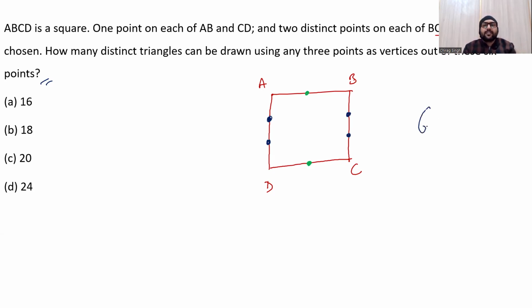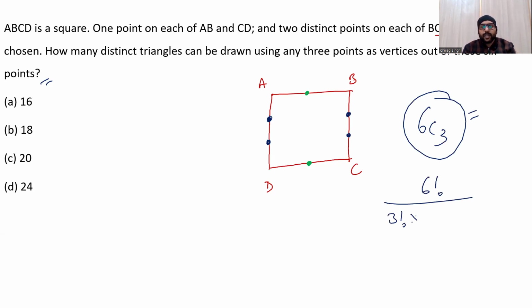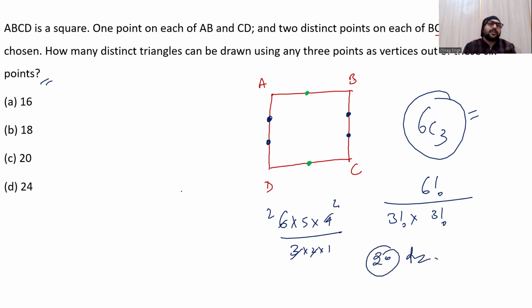Combination 6C3. That would be 6 factorial divided by 3 factorial times (6 minus 3) factorial. So this comes to 6, 5, 4 divided by 3, 2, 1, which is 5 times 2 times 2, that is 20. 20 is the correct answer.